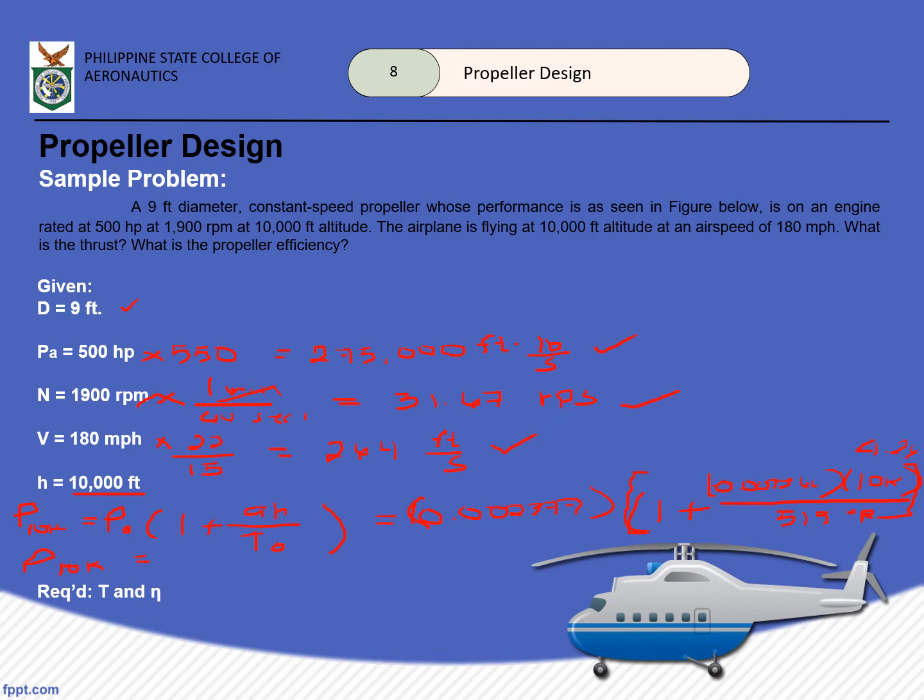Again, I'm sorry for the ugly handwriting, but you can use the module to follow more easily. Our density at 10,000 feet is 0.001755, and the unit for density is slug per cubic feet.